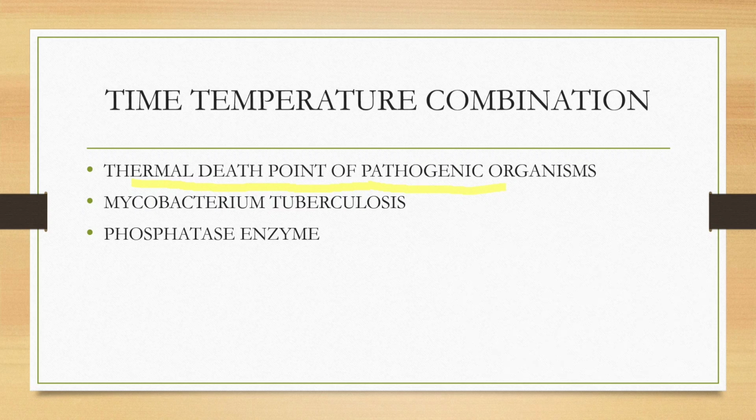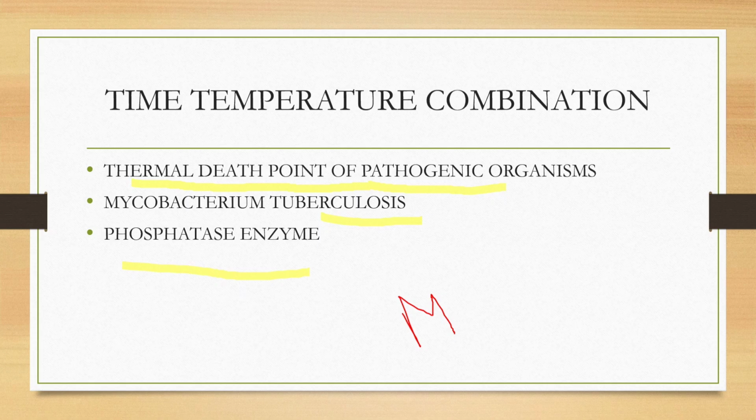The other thing is that Mycobacterium tuberculosis is one of the most heat resistant pathogenic organisms. So this should also be destroyed. The other thing is the phosphatase enzyme. Now we are talking particularly about milk. The temperature required to kill Mycobacterium tuberculosis is much lower than the temperature required to destroy the phosphatase enzyme.